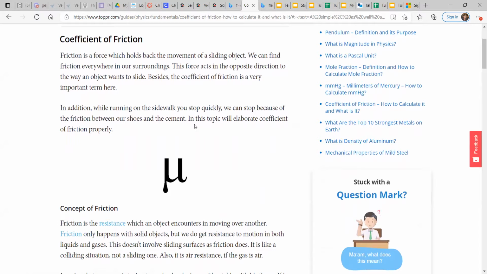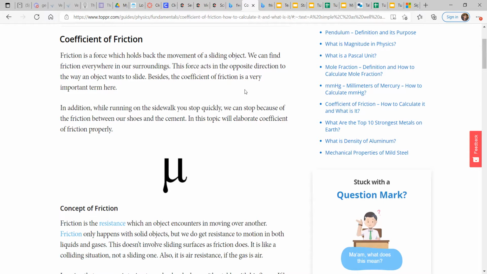Friction is a force which holds back the movement of a sliding object. So when we slid those books together, there was a force between the particles of one book against the other. And the force acts in the opposite direction of the way an object wants to slide.